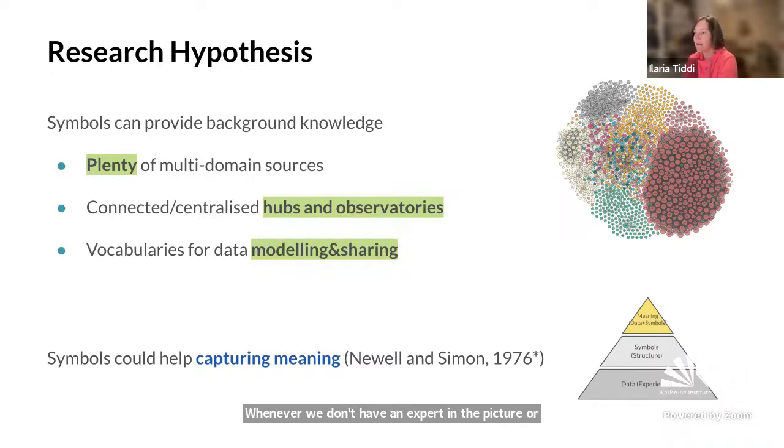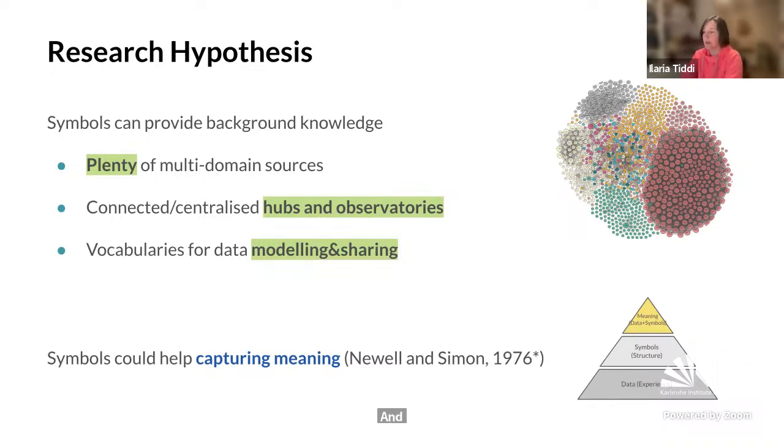And this is very similar to the idea that Newell and Simon already had in the 70s, among the fathers of AI, that symbols were one additional layer to use when somebody wants to capture and convey meaning. So you don't only need the data or the experience, but you need to put a structure and symbols on top of it in order to really get to an intelligent system that can understand and capture meaning.